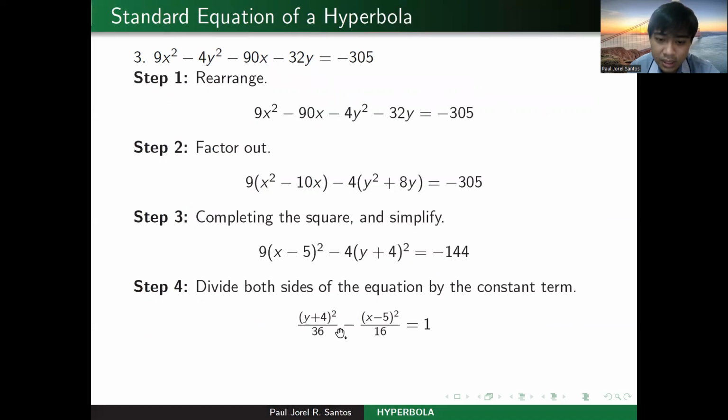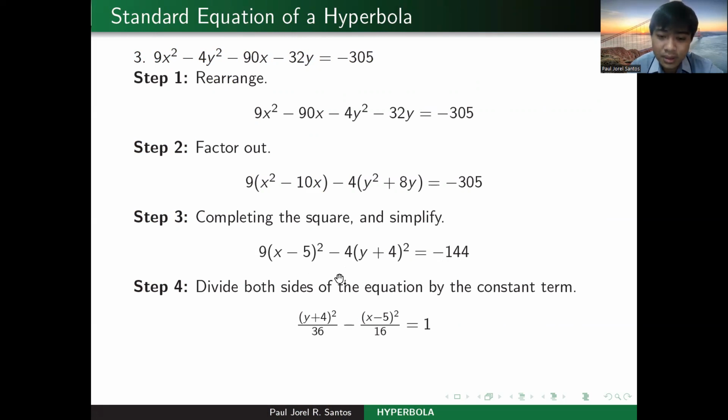This will be positive because negative 4 divided by negative 144 is 1 over 36. So I have here 36 and I put it first because it will be positive, while this one here will be negative because 9 divided by negative 144 is negative 1 over 16. So it will be negative, hence I am putting it second, no?